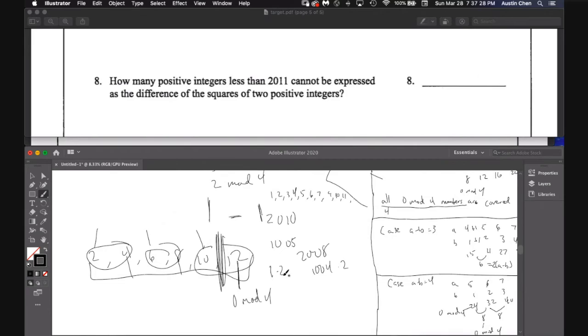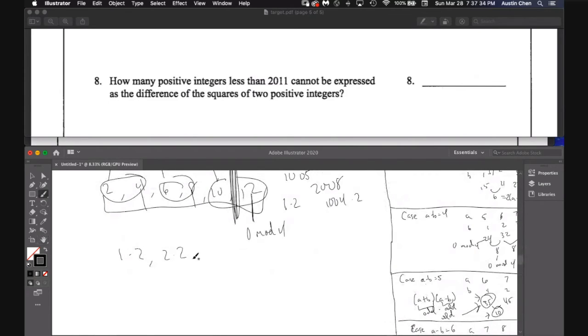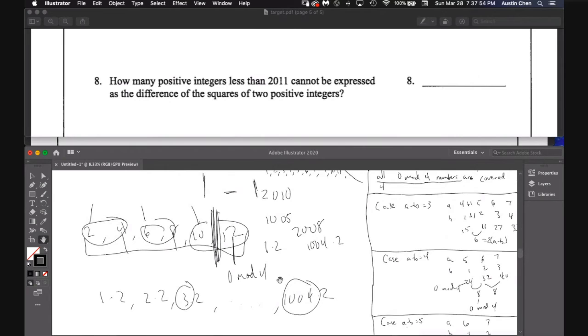So essentially, all of the even numbers can be counted as 1 times 2, 2 times 2, 3 times 2, and so on, going all the way to 1004 times 2. So we can count the number of even numbers just by counting what this number is, right? If we stopped on this one, we would count three even numbers, and that is correct.